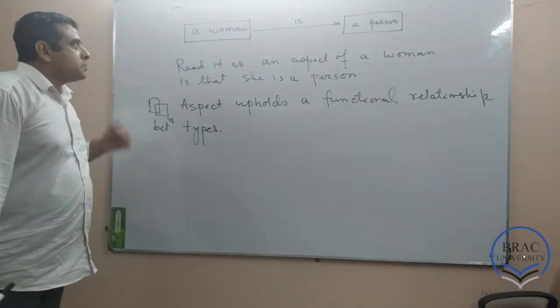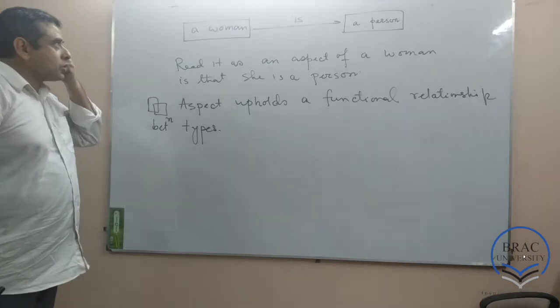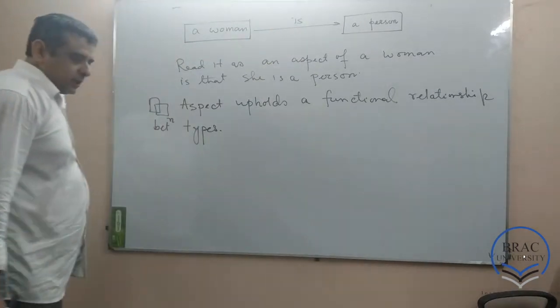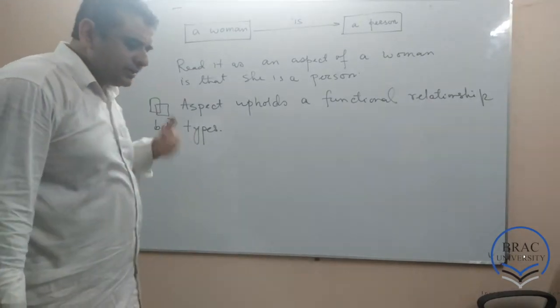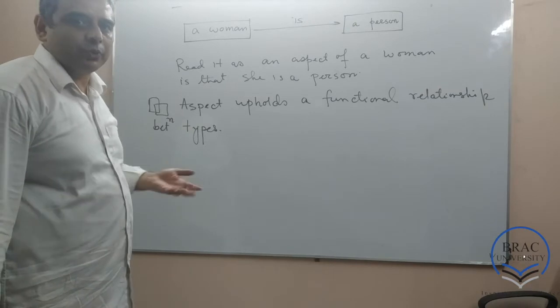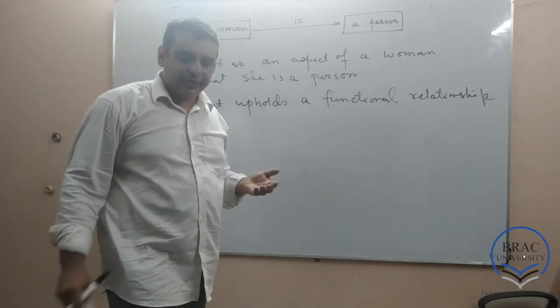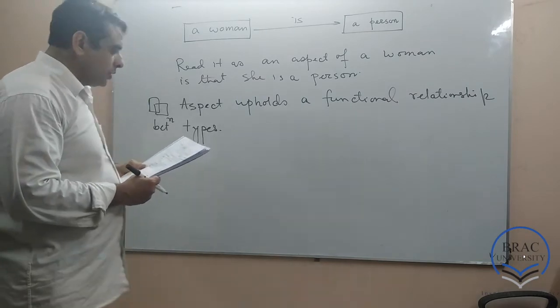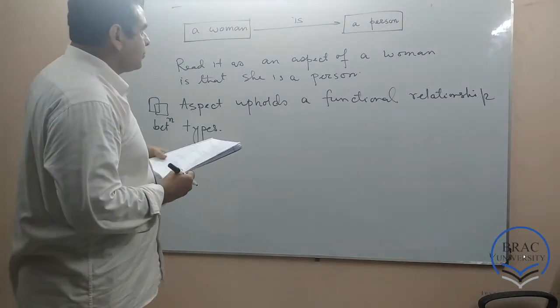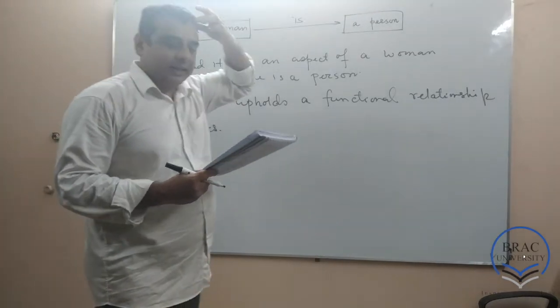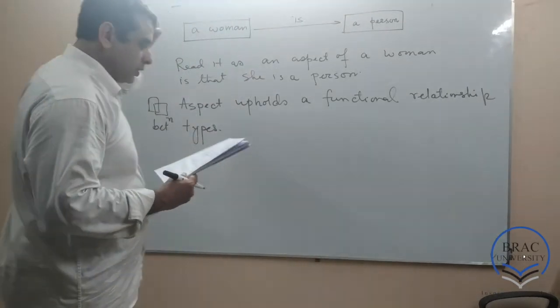So how does this aspect "is" reflect a functional behavior? That's an important question to address. In order to address this, we need a functor called the instance functor.